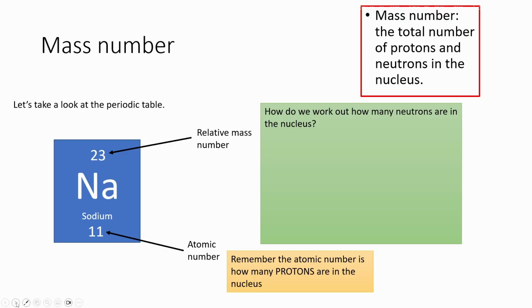So remember, relative mass is the total number of protons and neutrons in a nucleus. Atomic number is how many protons we have. So if we take the bigger number and take the smaller number away from it, we'll get our number of neutrons.